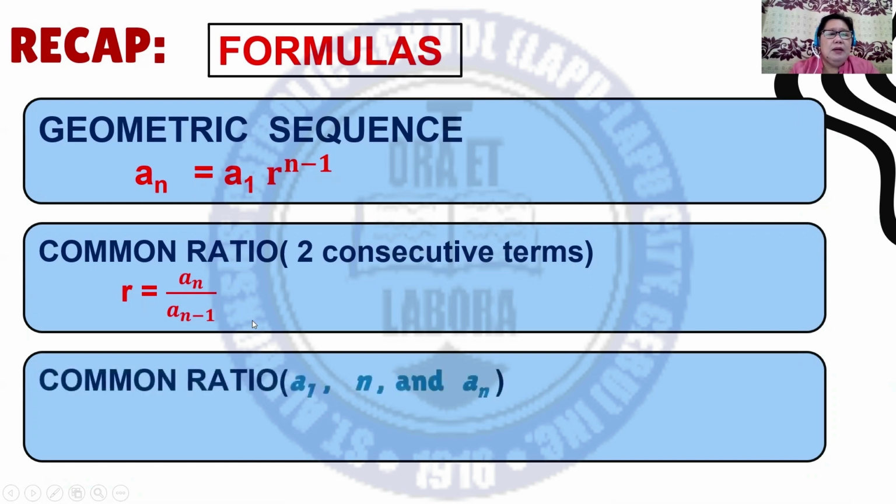And another formula in finding the common ratio given the first term, the n and the a sub n, you can have r raised to exponent n minus 1 equals a sub n over a sub 1, or you can use the original formula.